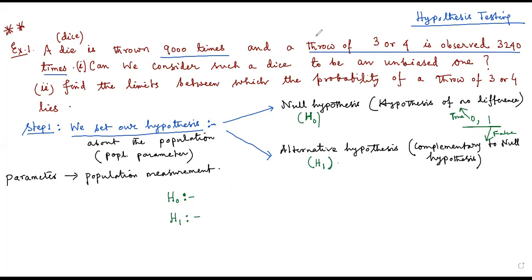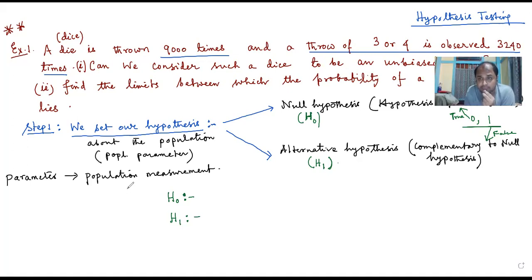Actually, in this particular problem, it is talking about sample proportion, because the observation of getting 3 or 4 occurred 3240 times with respect to the number of times the operation is repeated. We are interested in the proportion, the sample proportion. We are interested in the ratio, that is 3240 out of 9,000.